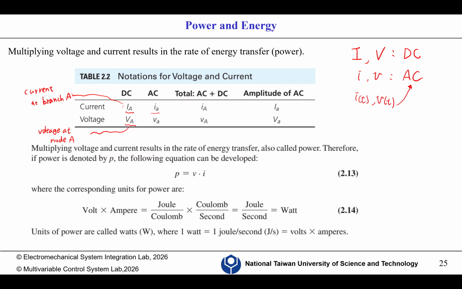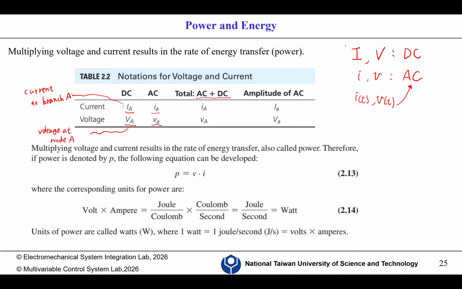All right. So if it consists of AC and DC components, which is very common, we use italic i with capital A, italic v with capital A. It means it has AC plus DC. And when we're talking about the amplitude of AC, we use a capital character with an italic subscript to represent the amplitude of an AC current; V_a is the amplitude of an AC voltage.